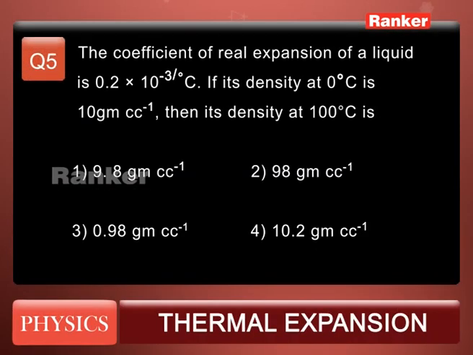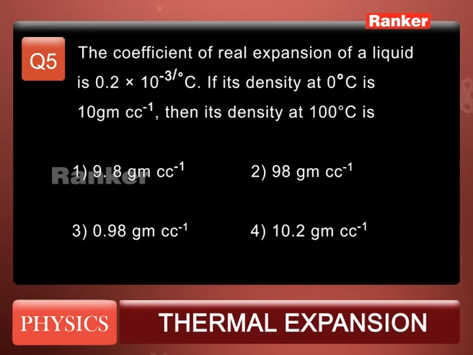Question number 5. The coefficient of real expansion of a liquid is 0.2 into 10 power minus 3 per degree Celsius. If the density at 0 degrees Celsius is 10 gram per cubic centimeter, then find the density at 100 degrees Celsius.